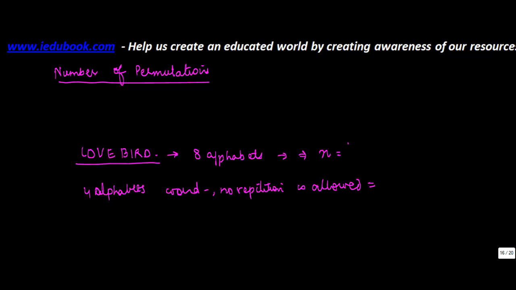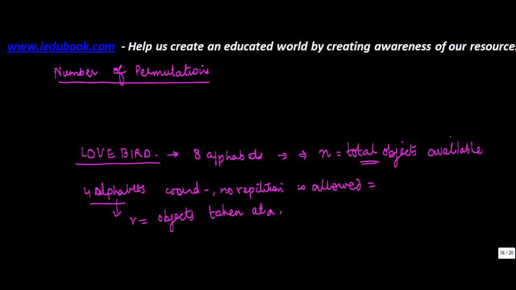N is equal to total objects available. Okay, and out of these objects, if a particular number of objects are taken, this is said to be r. r is equal to objects taken at a time.